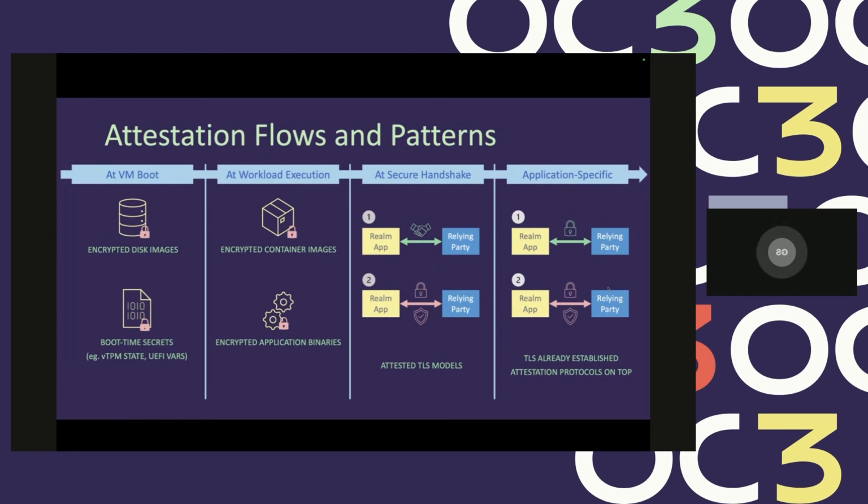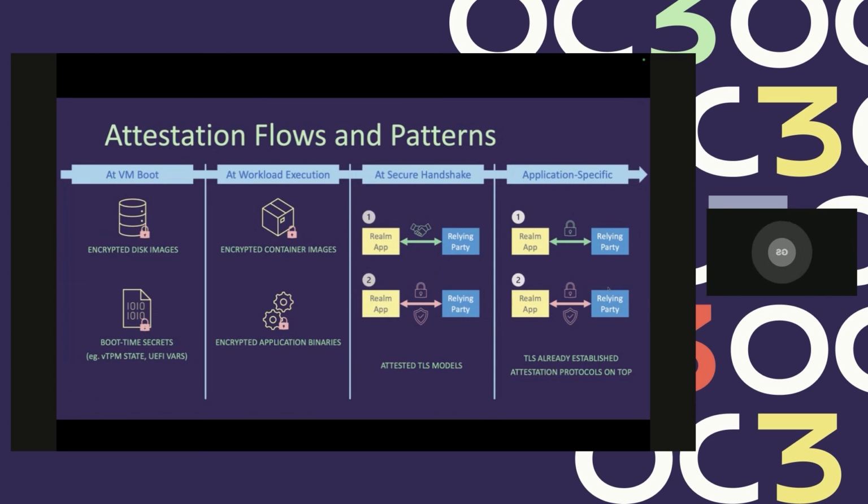We could apply the gate at boot. So for instance, we could encrypt the entire VM disk and not release the decryption key until an attestation has been successfully verified. Or we might have other boot time secrets that we release only in exchange for a verified attestation, such as the seeds for virtual TPM or UEFI variables.